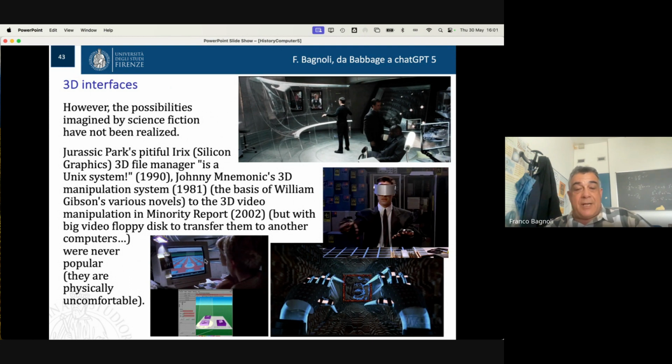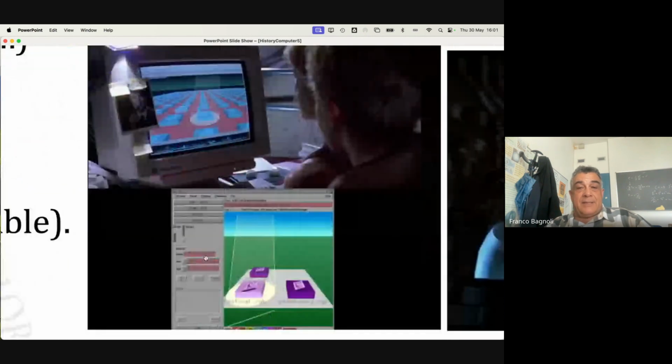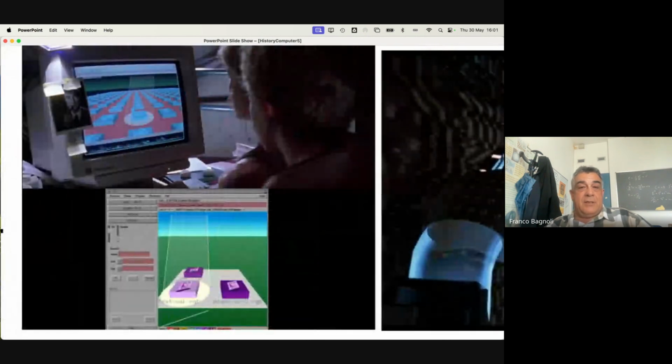In Jurassic Park, there is a scene in which the computer manager escaped, so all cages are left open, dinosaurs are eating people, and they need to unlock the system. And this young girl says, "Oh, this is a Unix system. I know Unix, so I can use it."